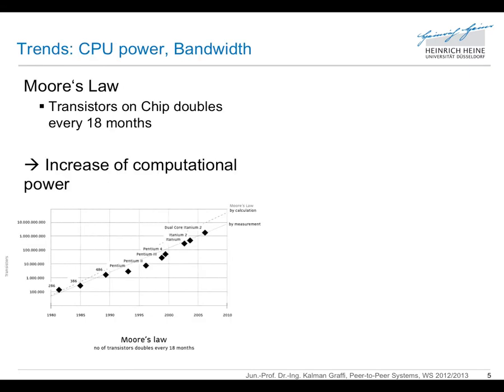And what is the good part is that we have Moore's law and it's still working. So the computational power still increases, doubles every 18 months. That was the law, but it still works out. So also if we consider this, in future we will have in 10 years much stronger devices than we have nowadays.